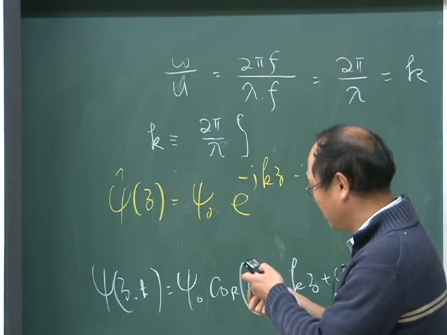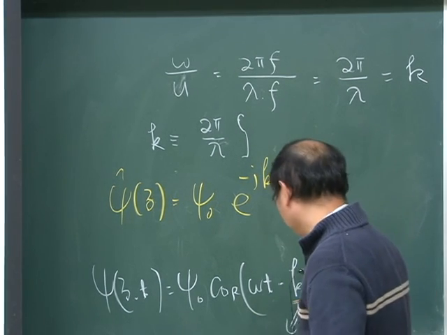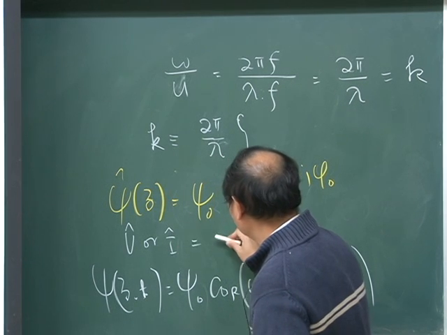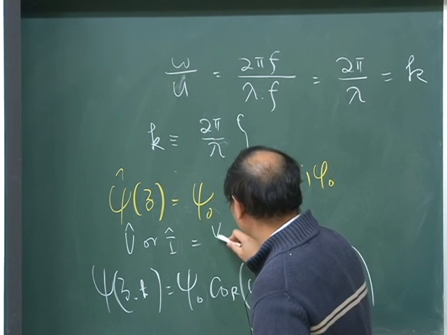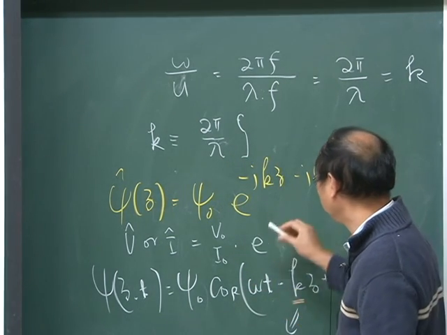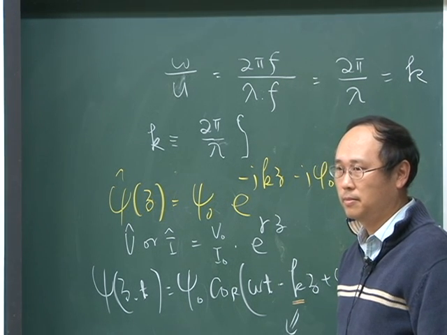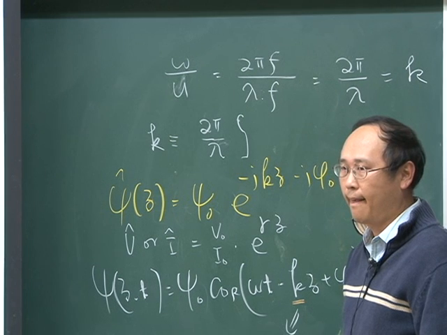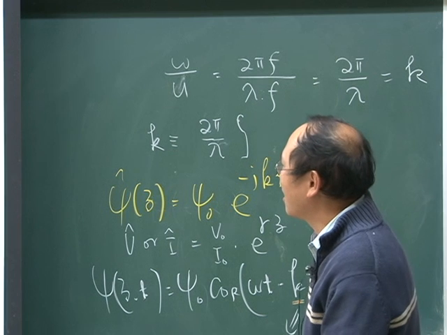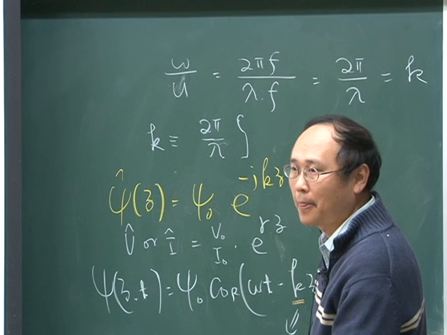So if I want to construct the solution of this, I'm going to have V or I that is equal to some amplitude in front multiplied with exponential gamma z. Okay. We do not know what gamma is. Gamma depends on how this calculation will turn out to be.